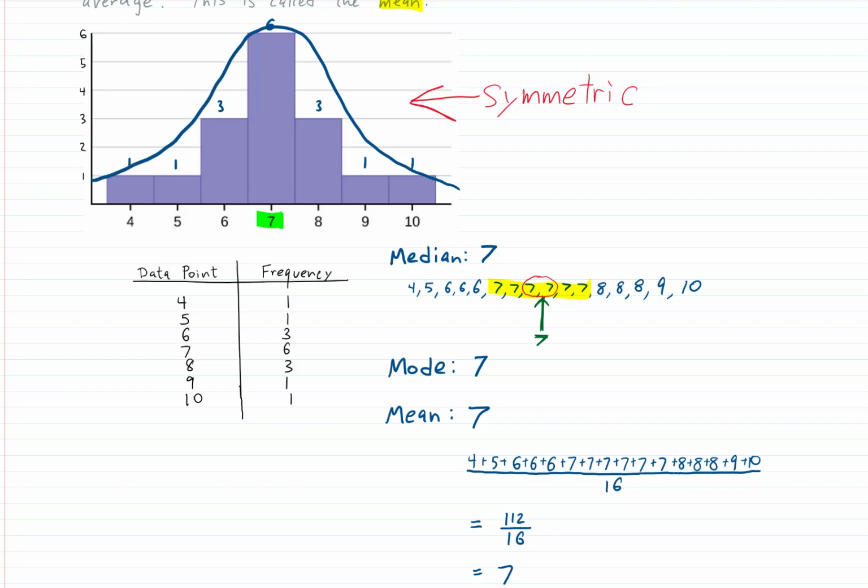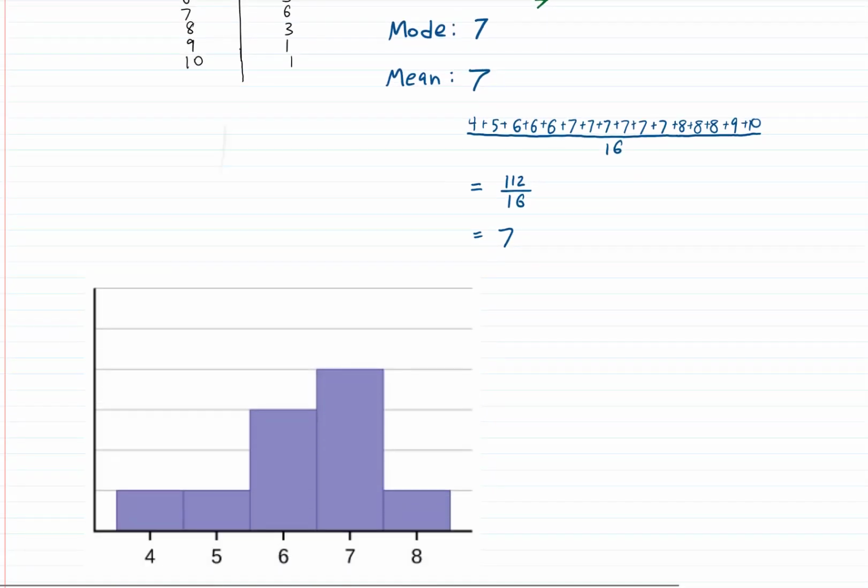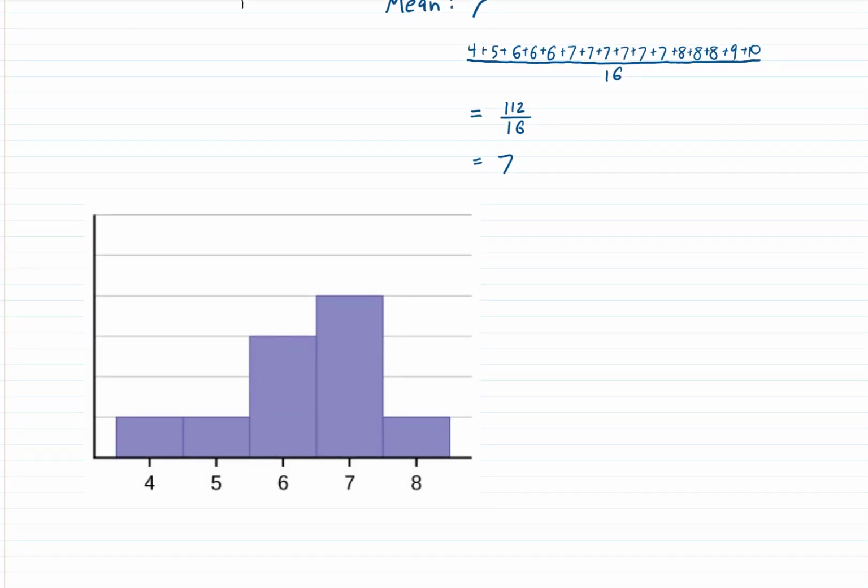So you've probably heard this called a bell curve before, right? But look at this picture. It's not like that. This one goes more like this. And then it trails off like that. Do you see that? It's got this tail over here. So it's called skewed left because it has a tail on the left hand side.